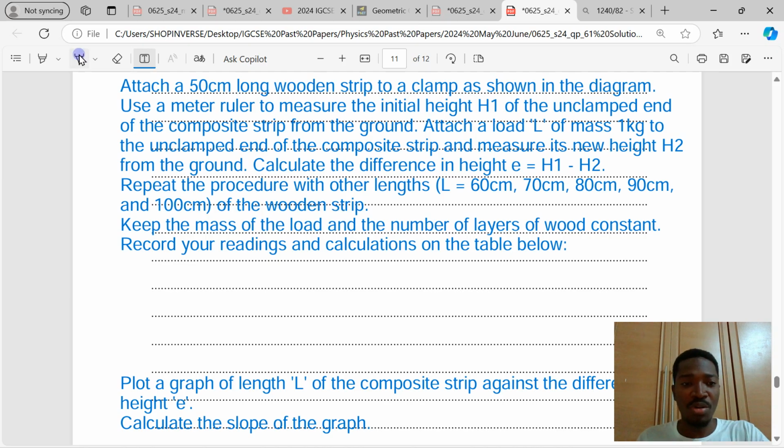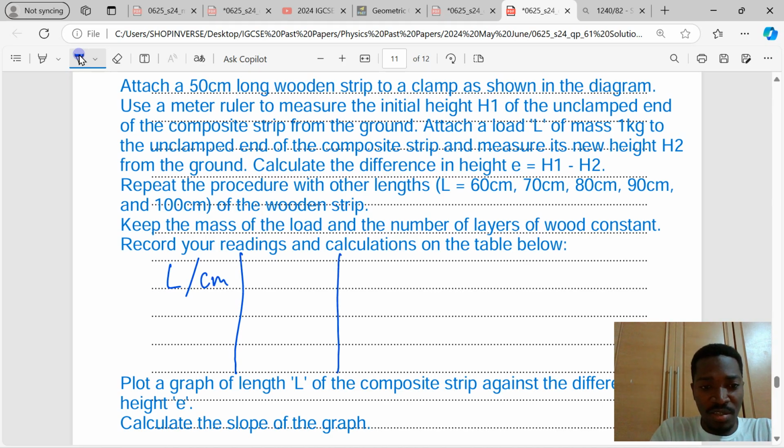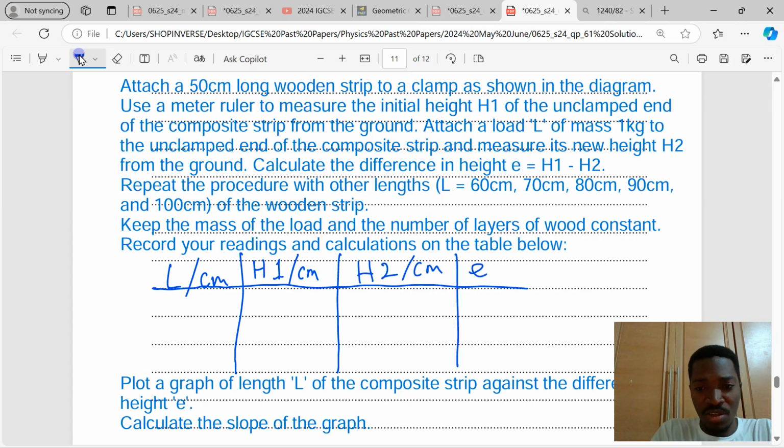So what will I do now? What will my table look like? My table will look like the length of the strip in centimeters, then initial height of the strip from ground level in centimeters, final height of the strip from ground level in centimeters, then the extension I get.